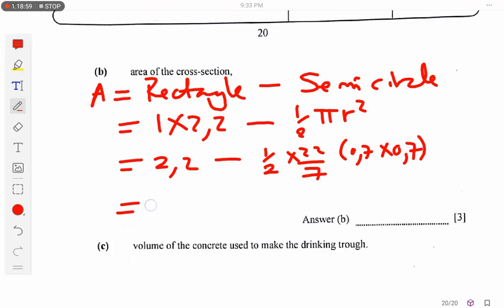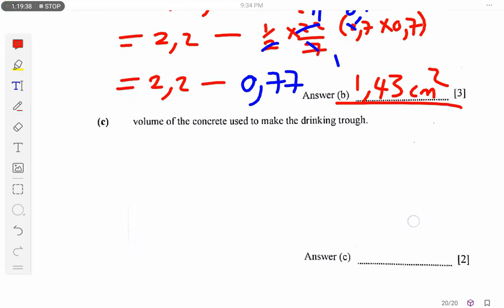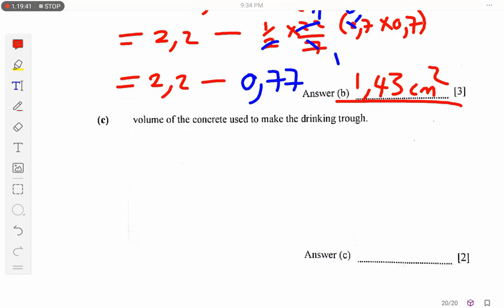So I'll get 2.2 minus, at this other side, 2 here, 11, 7 here, 0, 1, 0, 1 there. So I'll get 0.77 there. Okay, fine. So my area at the end of the day, if I subtract there, is 1.43 centimeters squared.